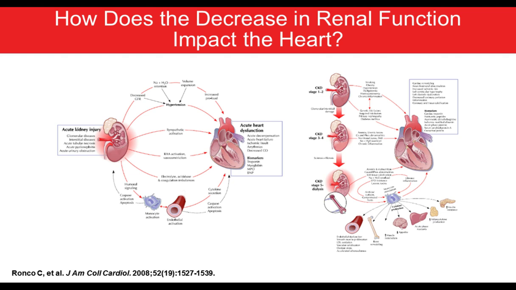And once you start dialysis, that itself is a big stress because you're getting exposure to foreign bodies in terms of filters, causing more inflammation and more damage to the heart. So these are the mechanisms by which one organ gets affected when the other organ goes down.